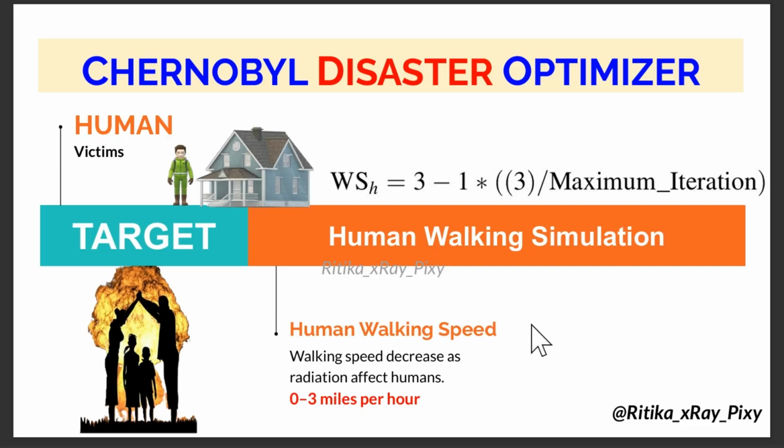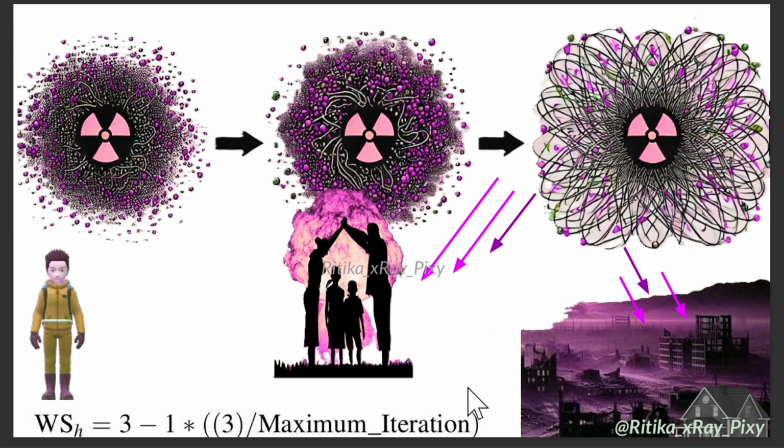We will consider that humans are walking outdoors and trying to escape danger, and their walking speed decreases as the radiation affects them, starting from a maximum speed of 3 miles per hour and decreasing linearly to 0. Here you can see the speed decrease equation. We will simulate the human walking speed decreasing linearly over time using this equation.